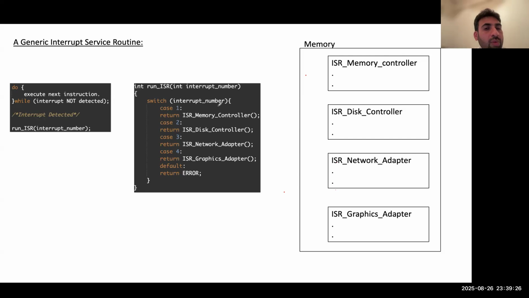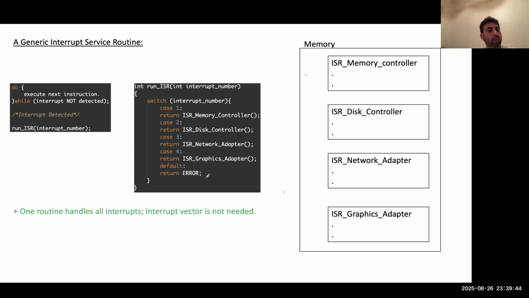If the interrupt number is 1, you go to the ISR of the memory controller. If it is 2, you go to the ISR of the disk controller, and so on. And if it is not taken care of in the code, then you simply say that this is an illegal or invalid interrupt number.